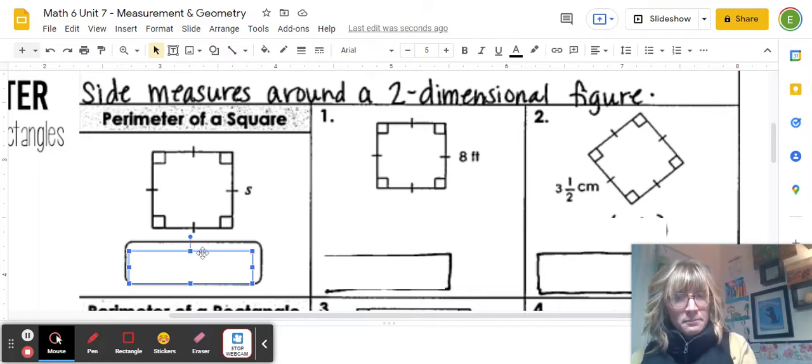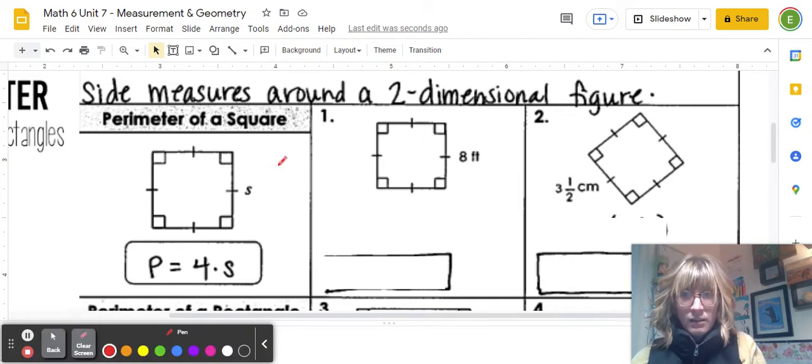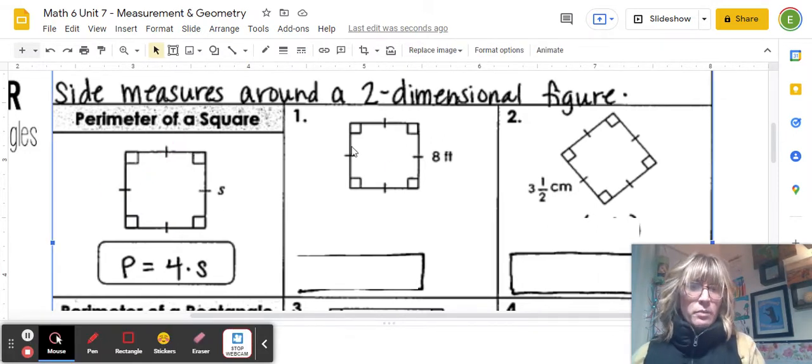So the formula for finding the perimeter, or P, of a square is 4 times S, whatever your side length is. You take your side length and your side length and your side length and your side length and add them all up, which is the same thing as multiplying it by 4 because there are four sides.